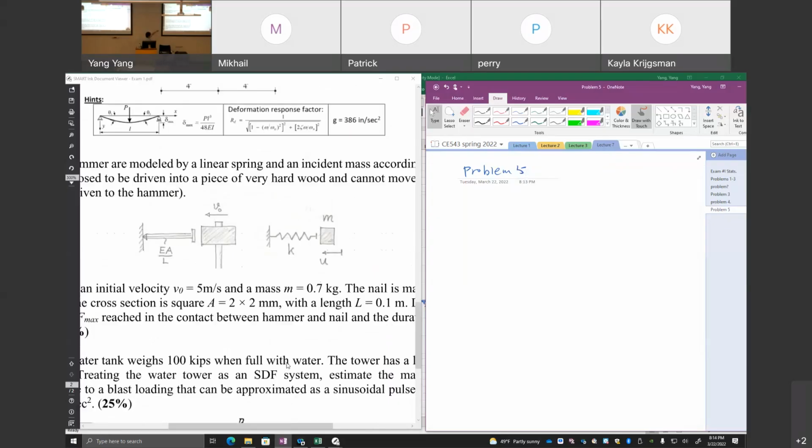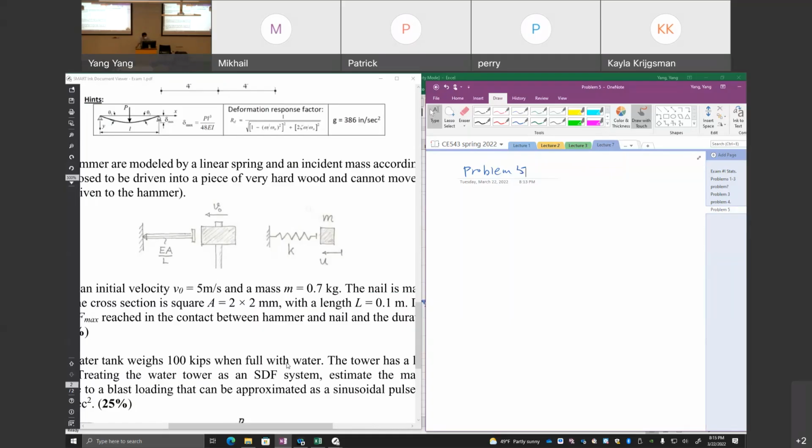On the left side is the nail, with stiffness that can be calculated as EA over L. If you use a hammer with an initial velocity to hit the head of the nail, this system can be simulated with a spring and mass system, where the spring constant is the stiffness of the nail and the mass is the mass of the hammer.